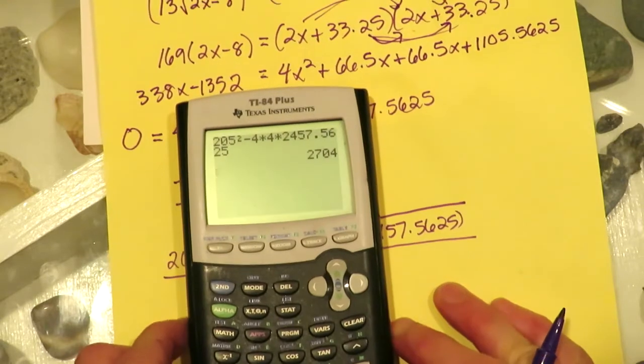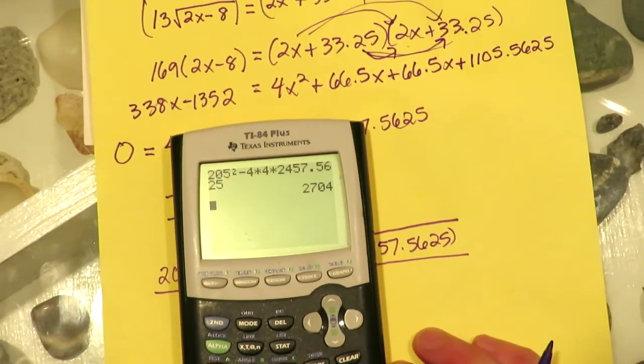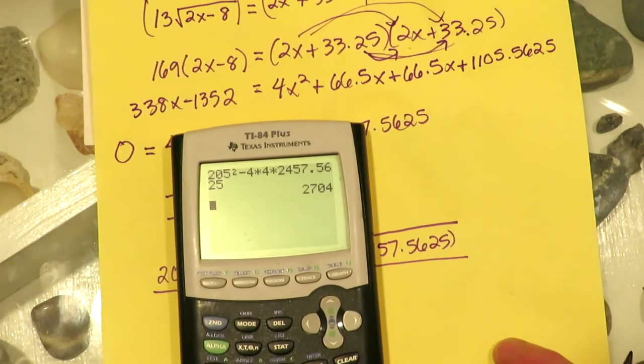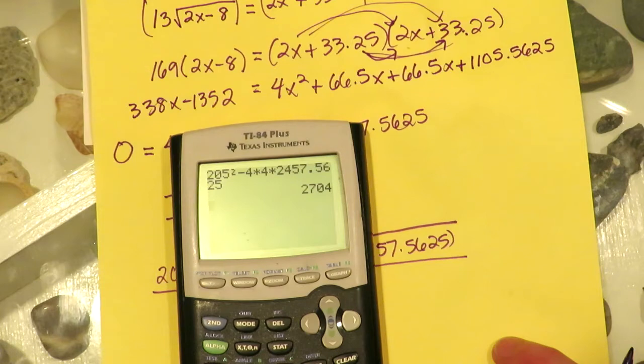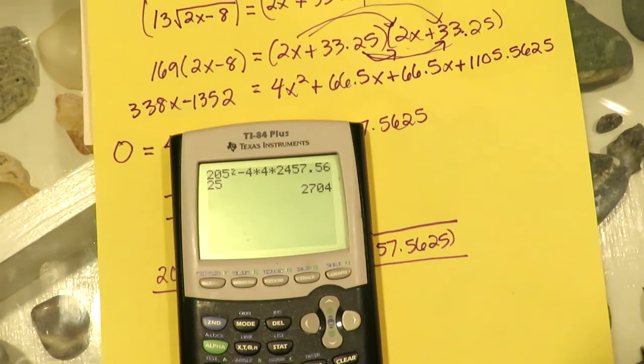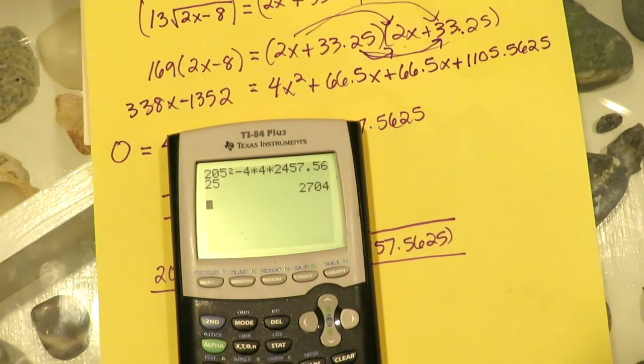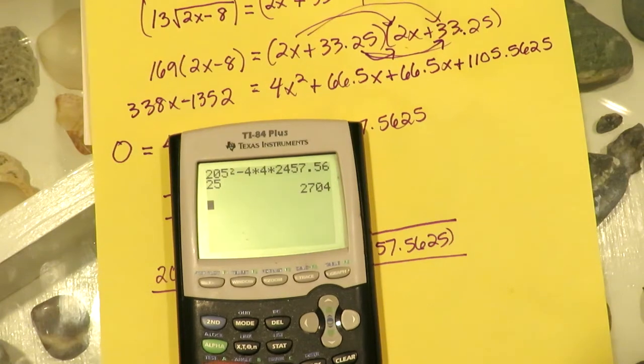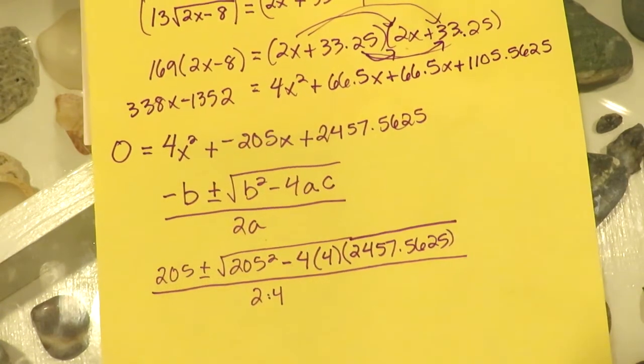Okay, so I took the 205 squared, and then I subtracted 4 times 4 times the messy 2,000 number, and look, I get 2,704. Like I said, it probably cleans up somewhat. Okay, so 2,704 is the discriminant.